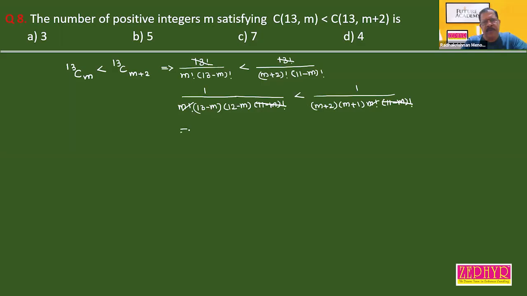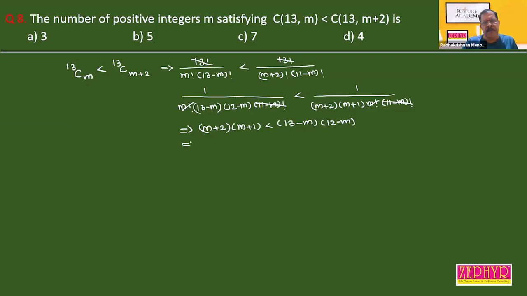Now you can cross multiply. Why? Because both are positive numbers, positive natural numbers. So when you cross multiply, you are getting (m plus 2) into (m plus 1) less than (13 minus m) into (12 minus m). Okay.